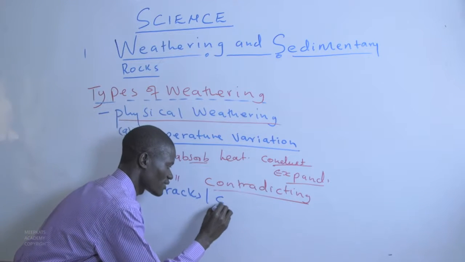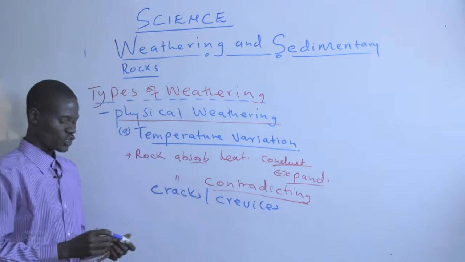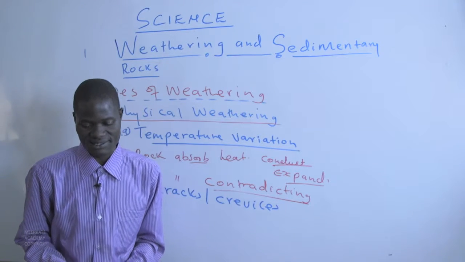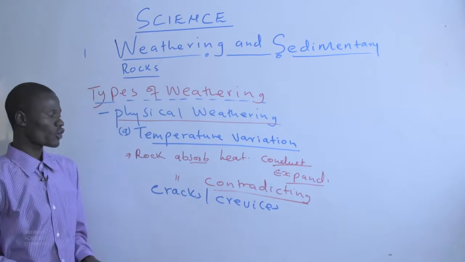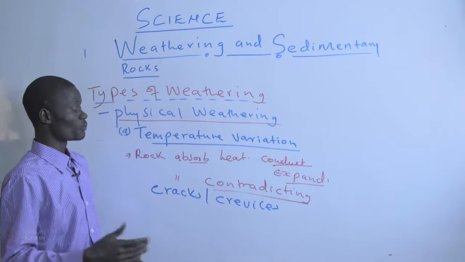Those cracks or crevices on the rock surface are the points of weakness where the rock may strain and then begin to break down.